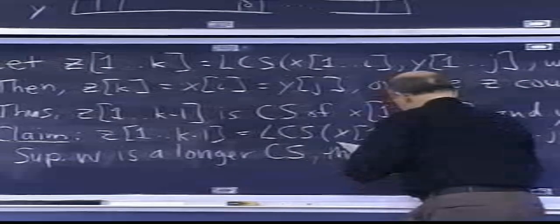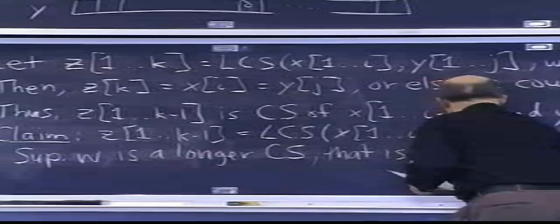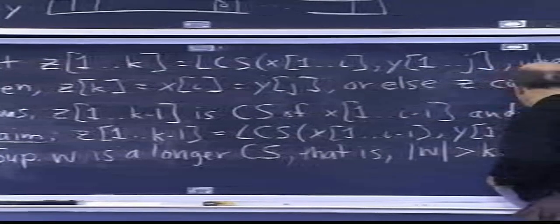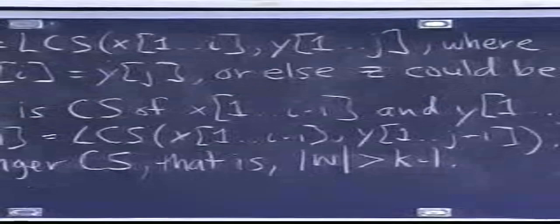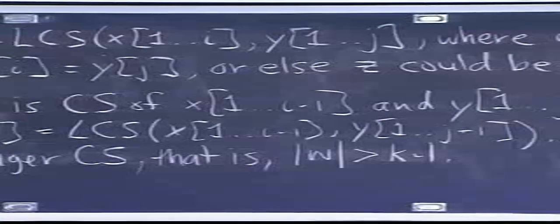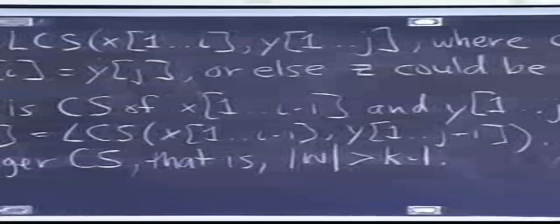Which is to say that the length of W is greater than k minus 1. Okay, so what can I do here? How can I show that W couldn't actually be longer? Yeah, you can add the kth element that was equal to xi.